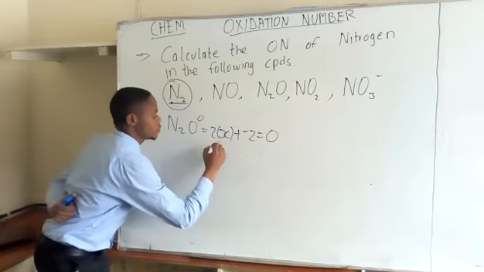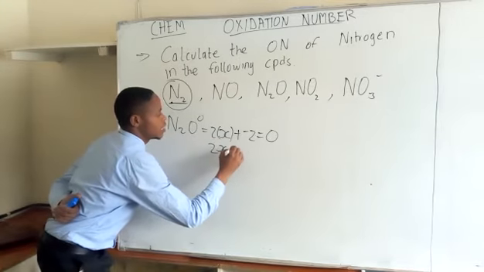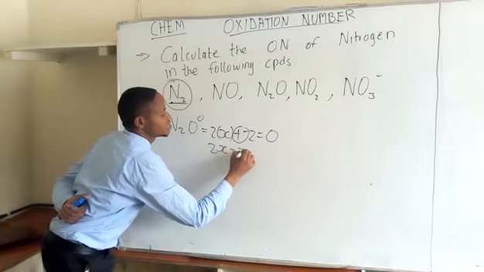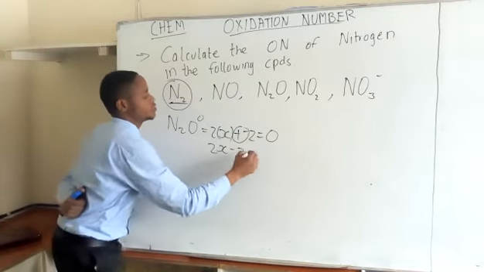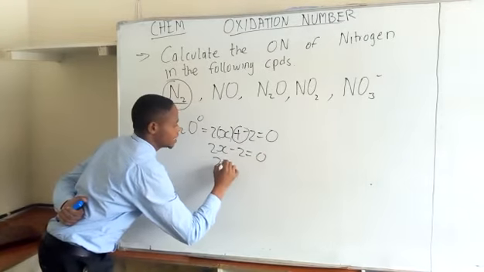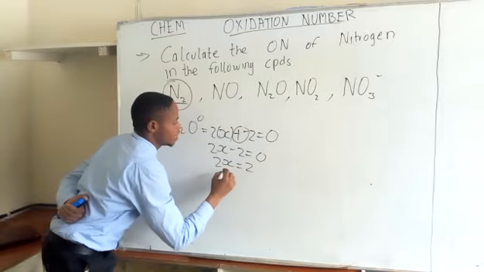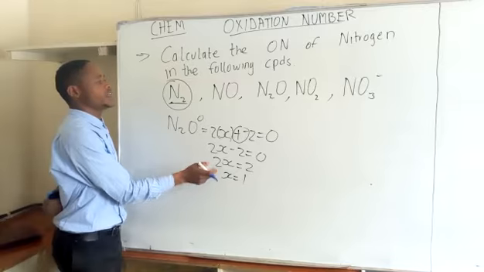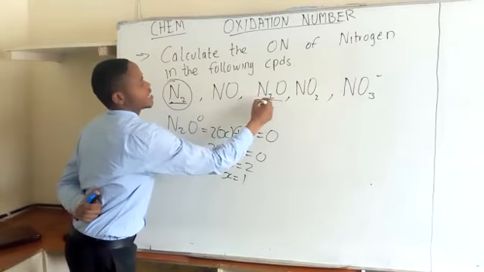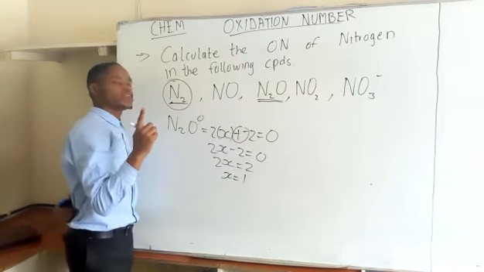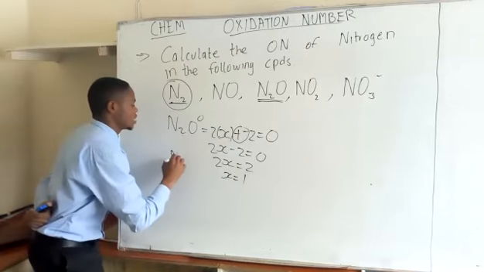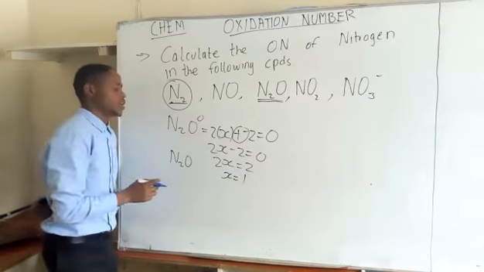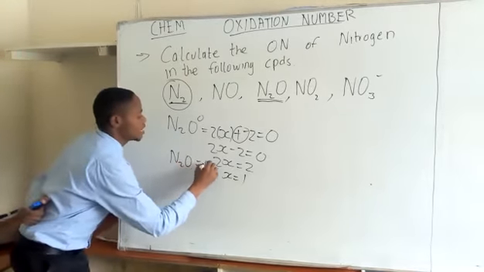So 2X plus -2 is equal to 0, so 2X is equal to 2. So X is equal to 1. This explains why we normally say this is nitrogen 1 oxide. So the oxidation number of nitrogen in N2O is +1.